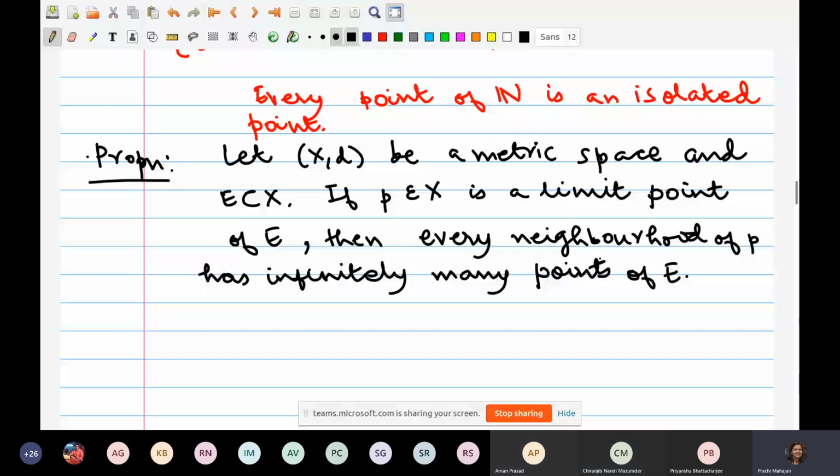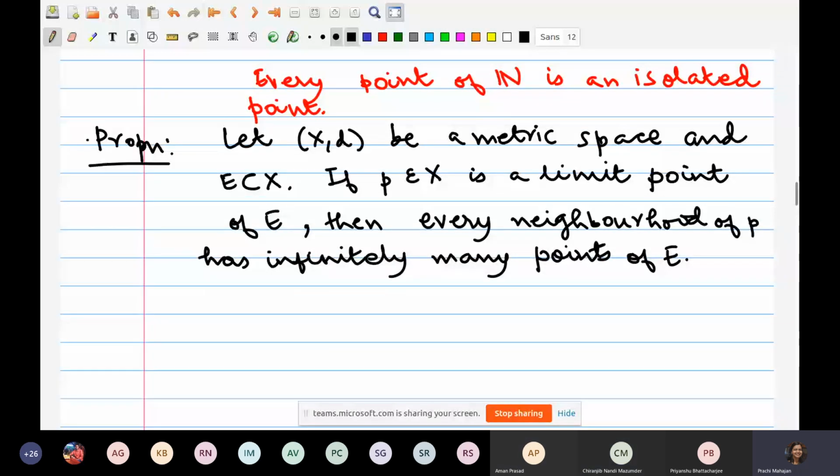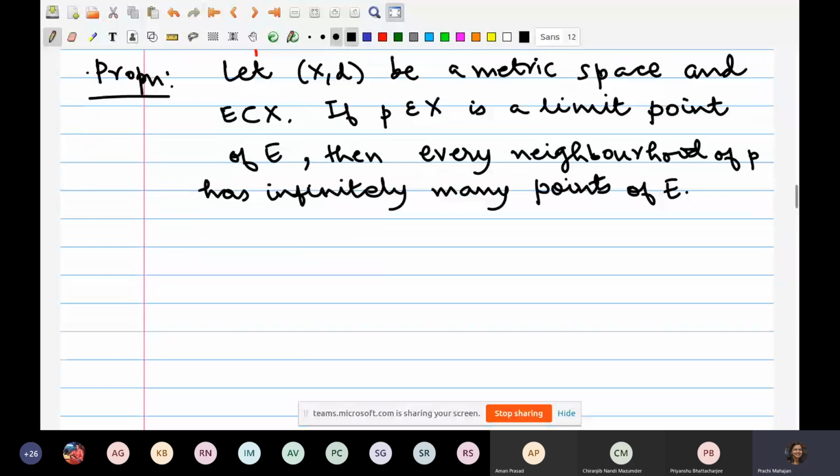So if that makes sense, shall we try to give a little argument to this? Why is this supposedly true? Let's say, suppose not. Suppose this statement is not true. So what will then happen?